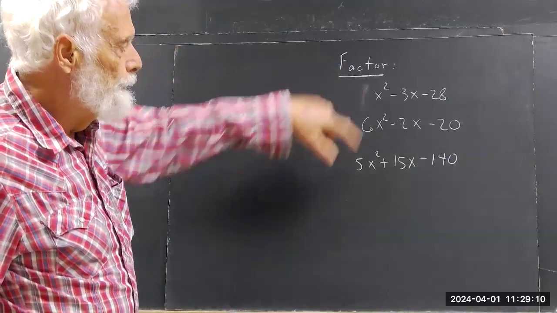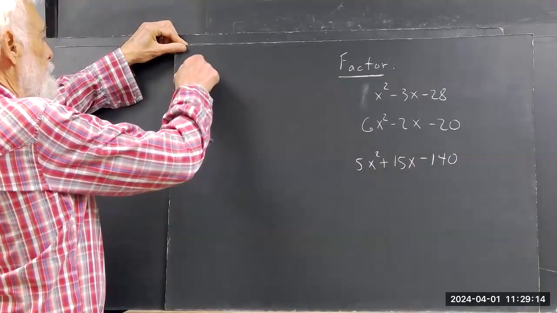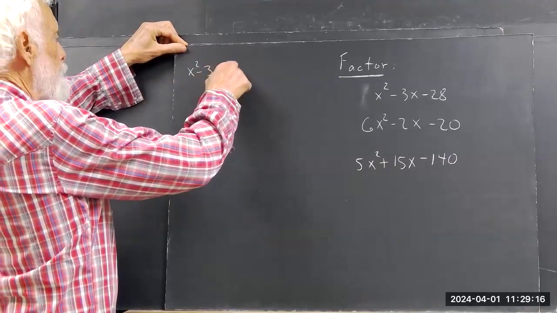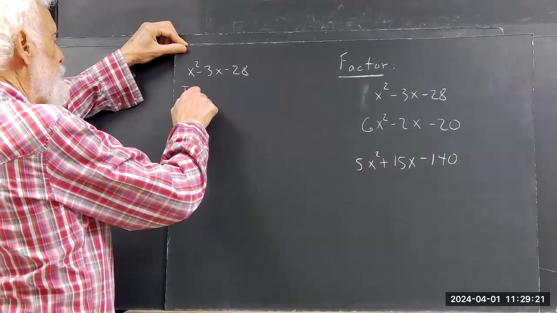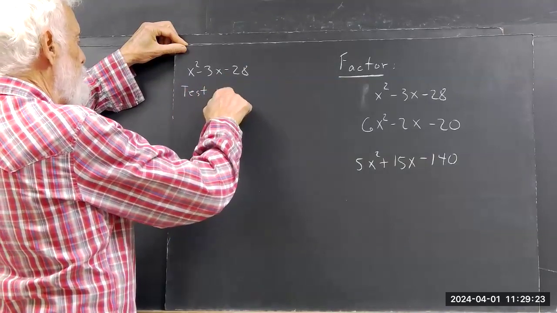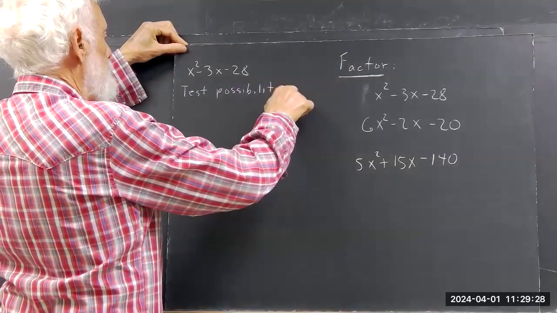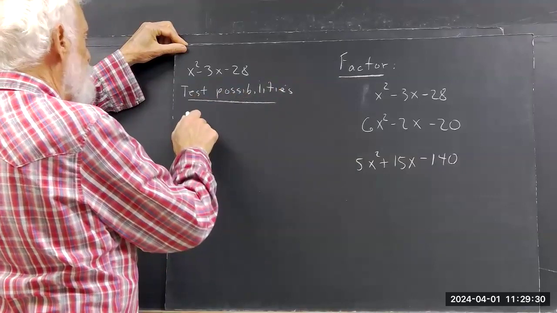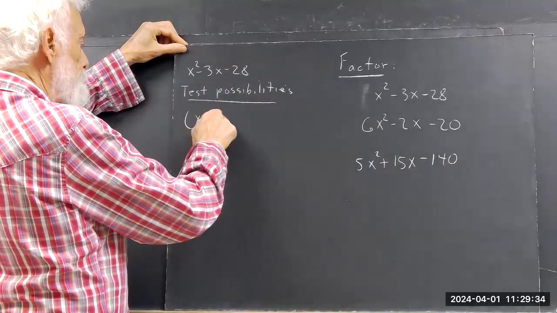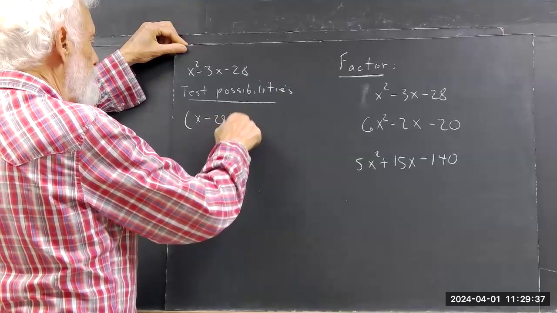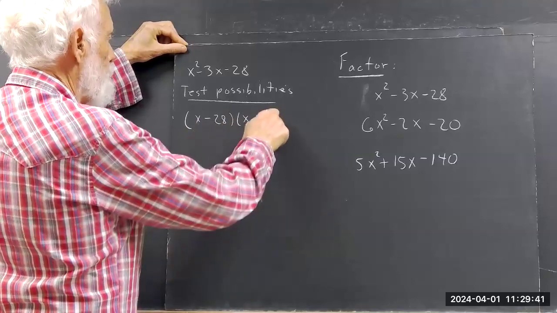Okay, so we got x squared minus 3x minus 28. That's the possibility. 28 is 28 times 1.